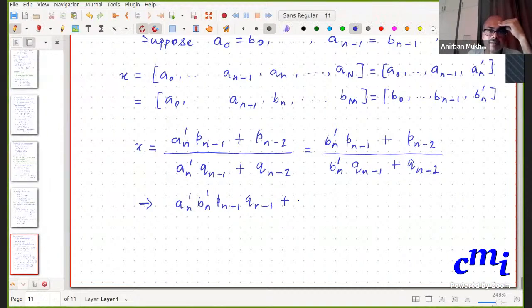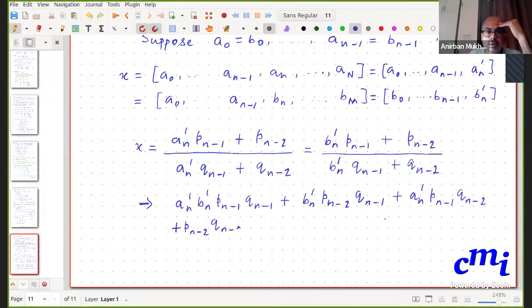I'm multiplying by this first thing, so bn' pn-2 qn-1, then multiply by the second entry in this denominator, so an' pn-1 qn-2, plus pn-2 qn-2. Okay, done with that side.